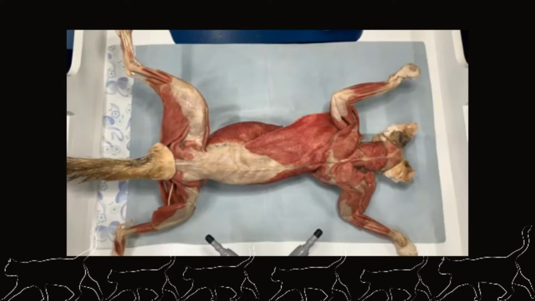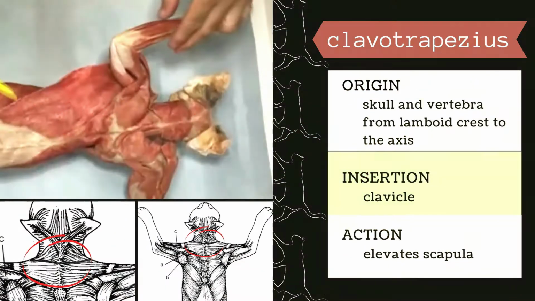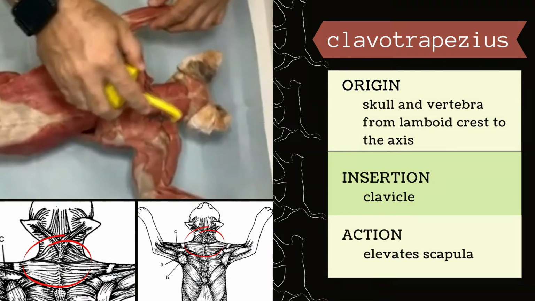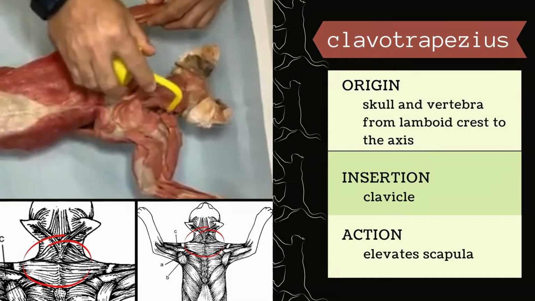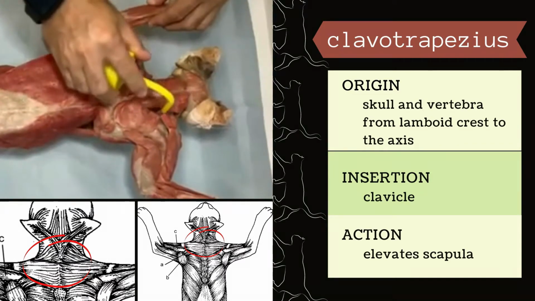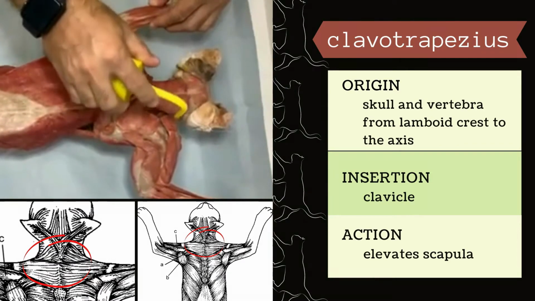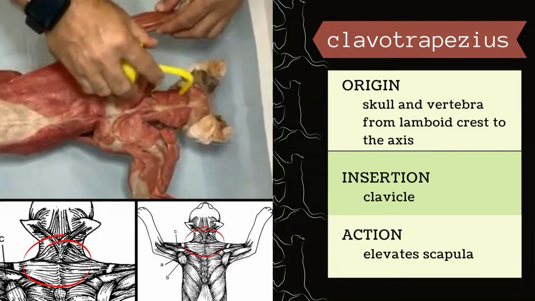And I will do my best to give you the information and a better knowledge about the origin, insertion, and the action of each muscle. So let us begin with the clavotrapezius. It originates from the skull and vertebrae from the lumbar crest to the axis. It inserts into the clavicle. Its action is to elevate the scapula.